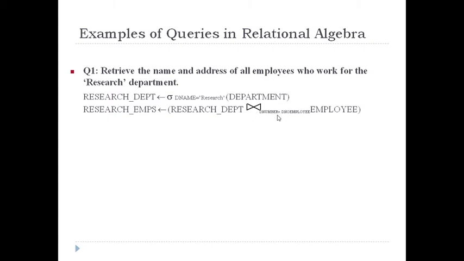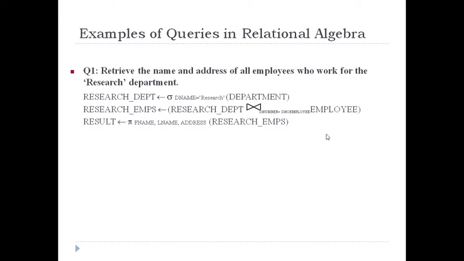Here we'll apply equijoin because we need to see who are the employees working in the research department. Their names and details we have to fetch. So for that, first we'll apply the equijoin and then take the name and address, because they have asked for the name and address of all employees who work in the research department.